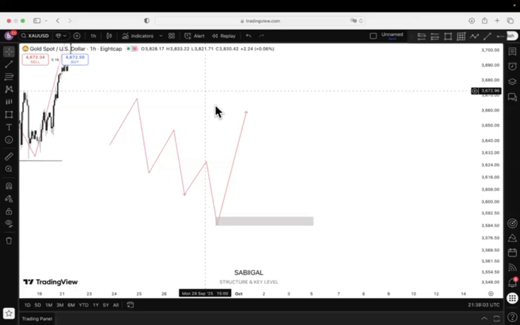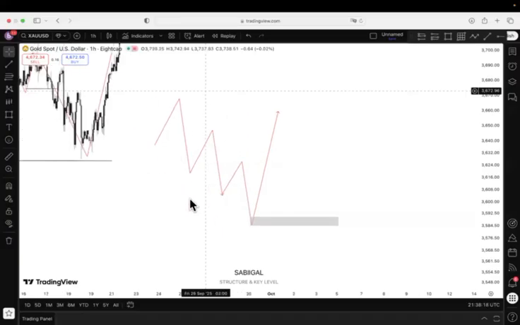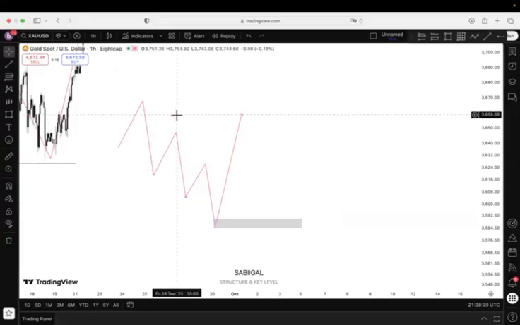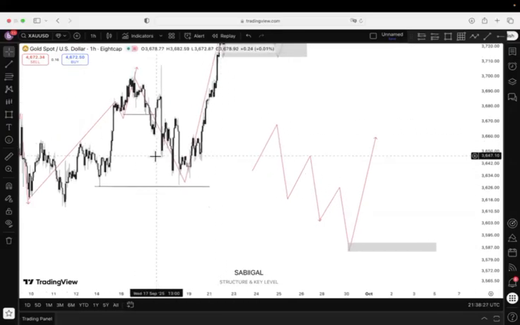After it broke the first structure, if the market retraced before going to the second one, if you're marking it in an uptrend, do you mark the retracement as a lower high? What retracement are you talking about? Are you talking about anything that happens inside? No, before it broke structure.